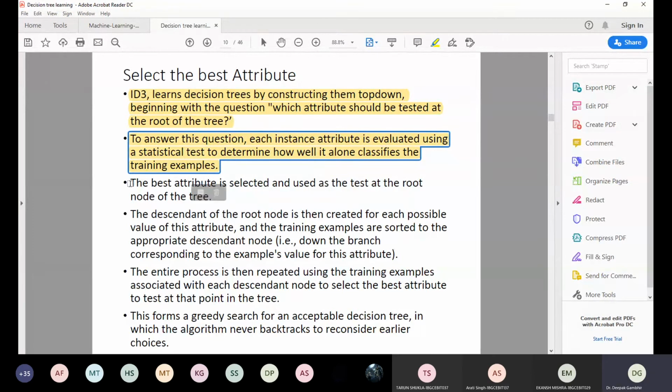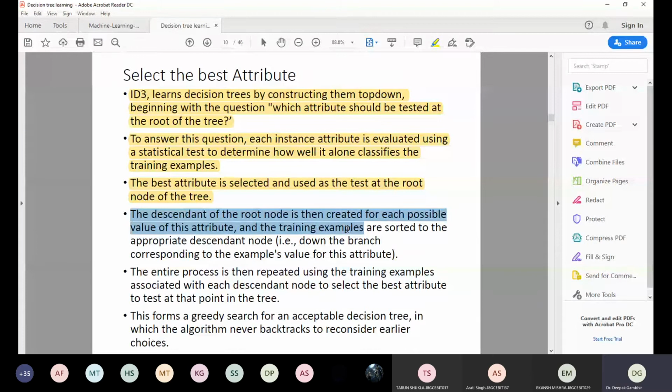The best attribute is then selected and used at the root of the node, and a descendant of the root node is then created for each possible value of the attribute, and the training examples are sorted to the appropriate descendant node.